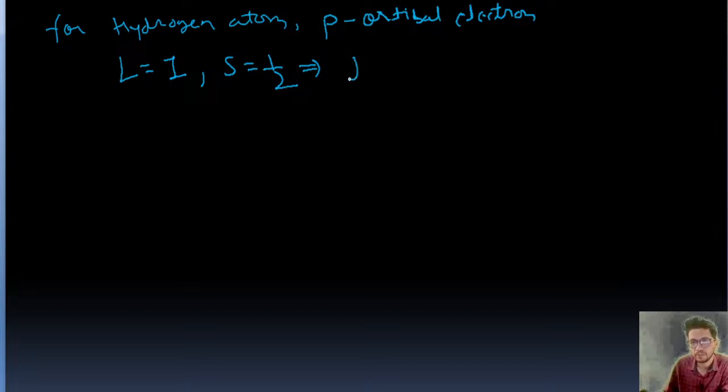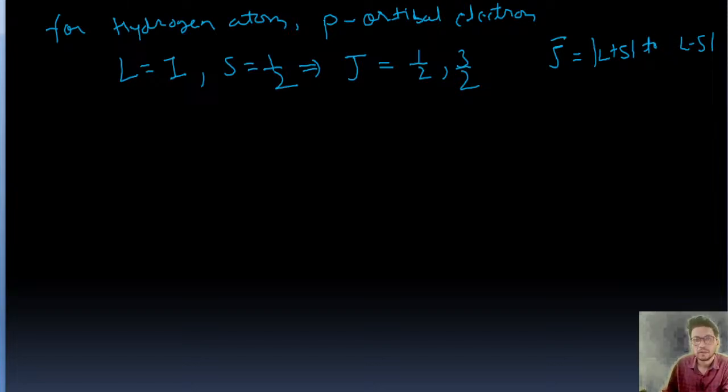So this implies the value of J is going to be 1 by 2, 3 by 2, because the value of J goes from mod L plus S to mod L minus S. So this is the value of J. Now we will find the I value.